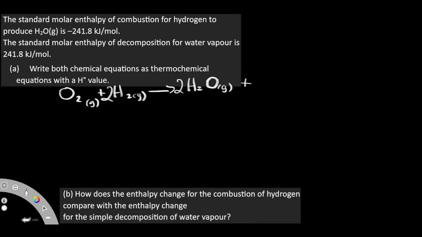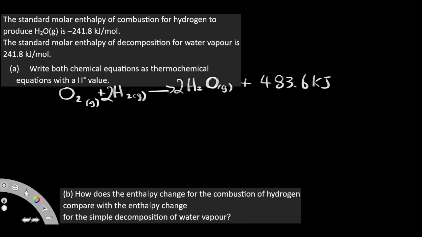So I'm just going to add it over here. The value is going to be negative 241.8 times 2, so that will be negative 483.6. So I'm going to put 483.6 kilojoules. Again, I'm saying negative, but I only need to write positive here because it's on the product side, so it's going to be seen as negative anyway.